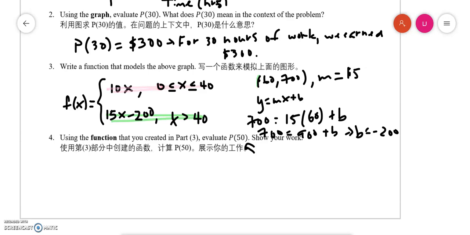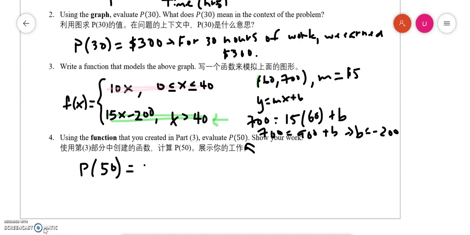So we should substitute it into the green part of the piecewise function because you can see that we're evaluating p of 50. So the first thing for piecewise functions that we have to look at is which domain does 50 belong in? And 50 is when x is greater than 40. So we will use that part of the piecewise function to evaluate p of 50.